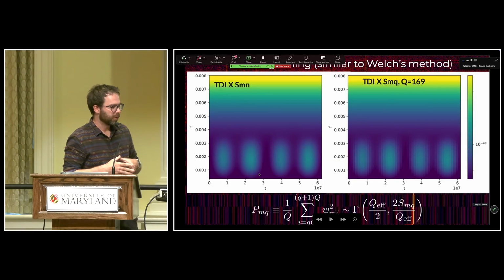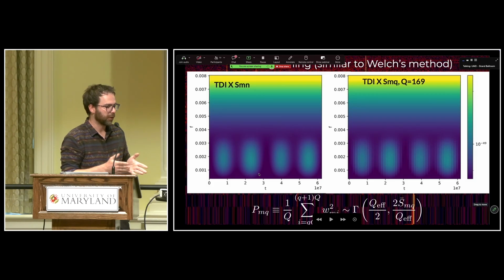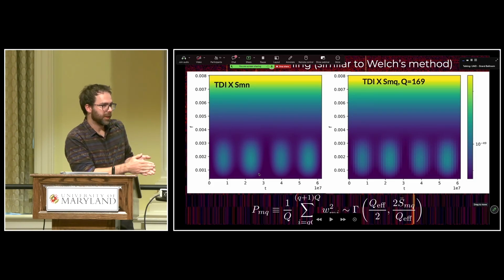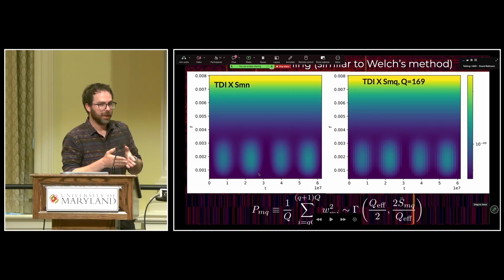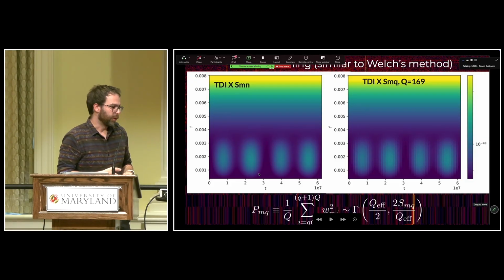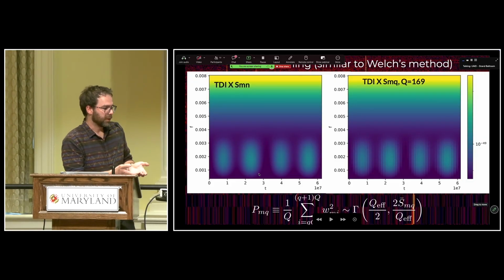In principle, you could just do the straight likelihood calculation on the full data stream. If you have n data points in time, then you have n data points in the WDM domain as well. So you actually end up with a fairly expensive likelihood calculation.